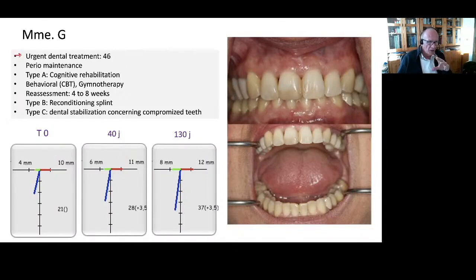Don't forget first the teeth, perio maintenance, cognitive rehabilitation by behavioral treatment to put the patient in confidence. She is very afraid by the periodontologic situation after orthodontic treatment. And the orthodontic treatment was done to treat her TMJ problem.